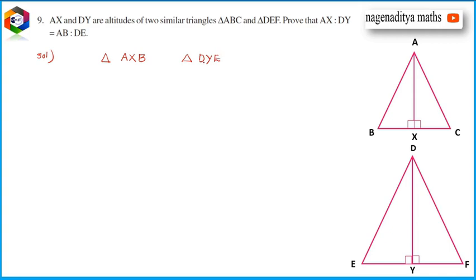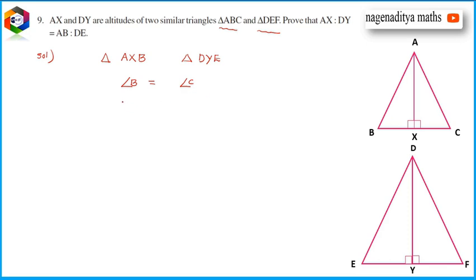In these two triangles we have angle B is equal to angle E, because the two triangles are similar. Triangle ABC is similar to triangle DEF. By the problem it is given these two triangles are similar, that is why the corresponding angles must be equal. Therefore angle B is equal to angle E.